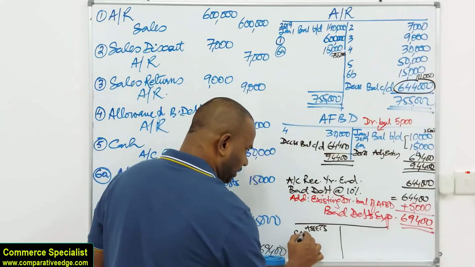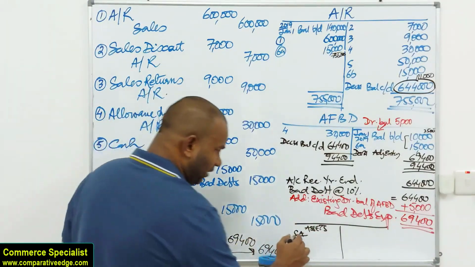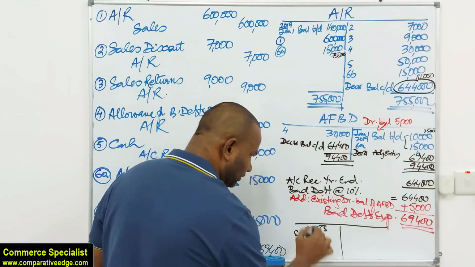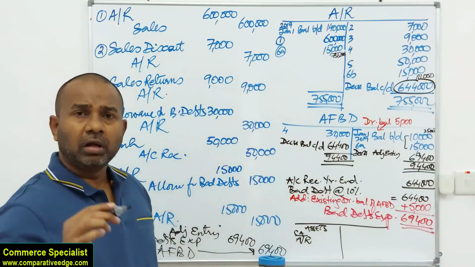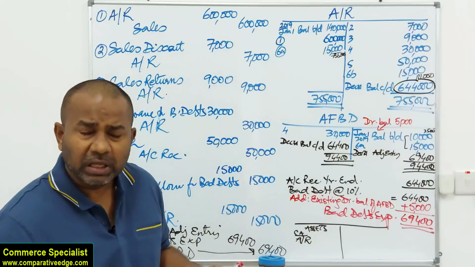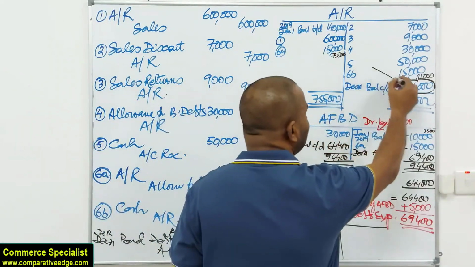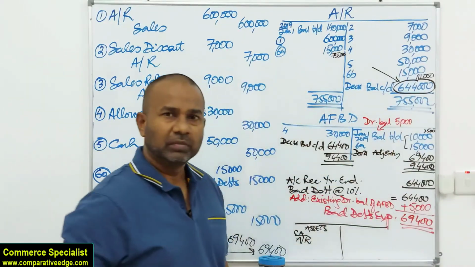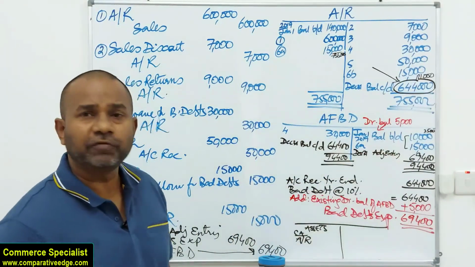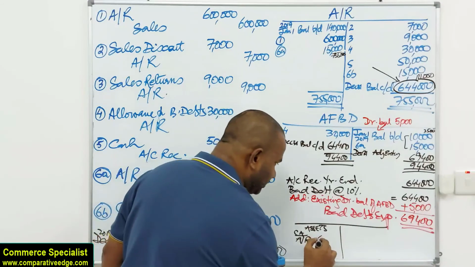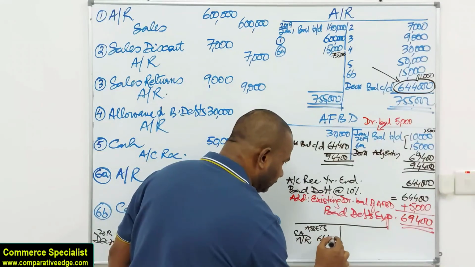Account receivables come under current assets. I will write account receivable. What balance do I take? Not the opening, the closing balance, the year-end balance, which we have calculated here, 644,000. So I write 644,000.